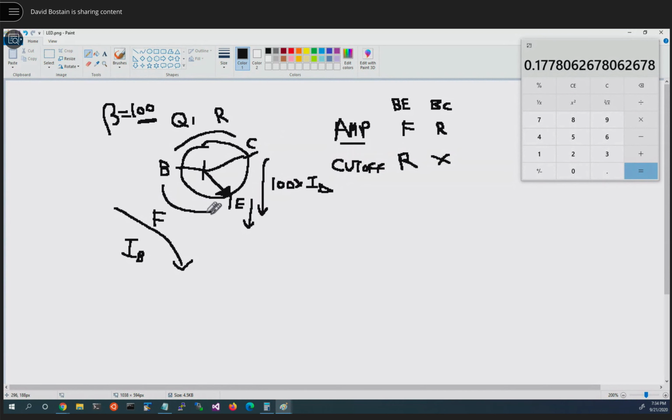And of course, zero would be going across the base emitter because we had reverse biased it, meaning it can't go through here. So there's one other state we need to worry about. What happens if both of them become forward biased? Well, if they do, we reach a condition called saturation.